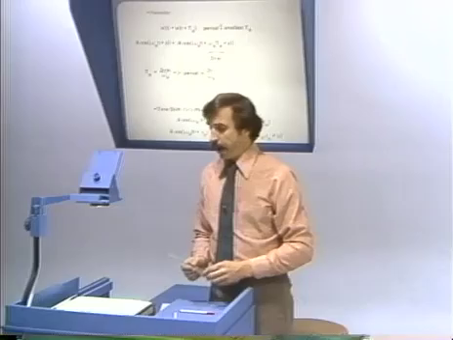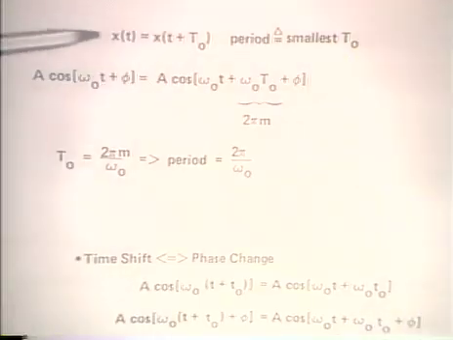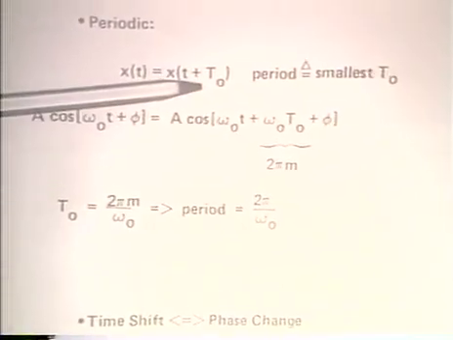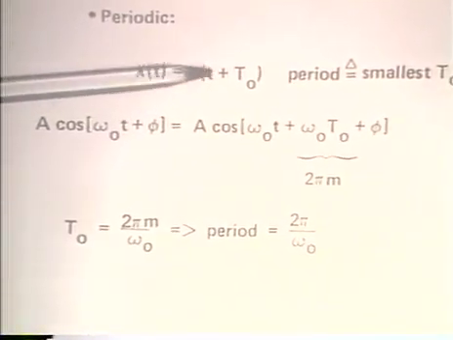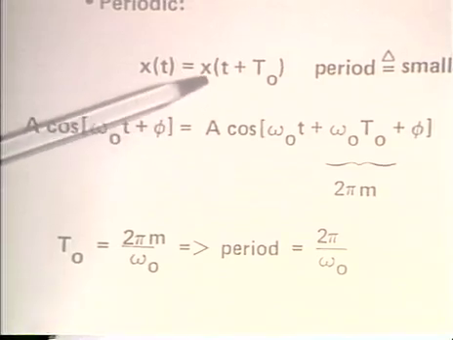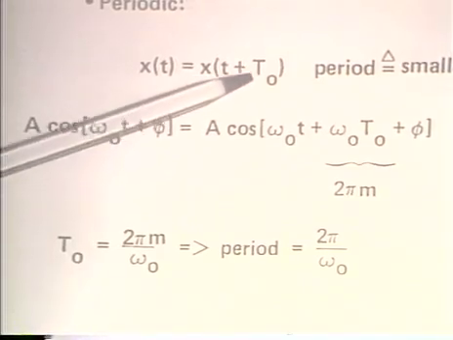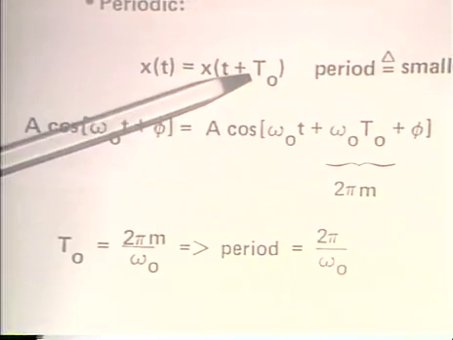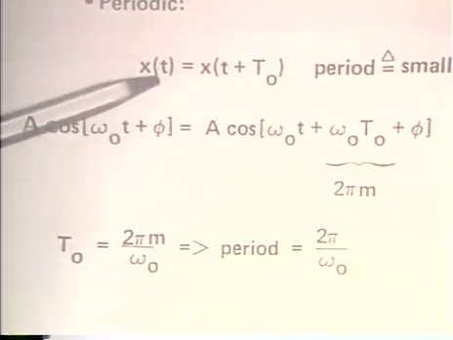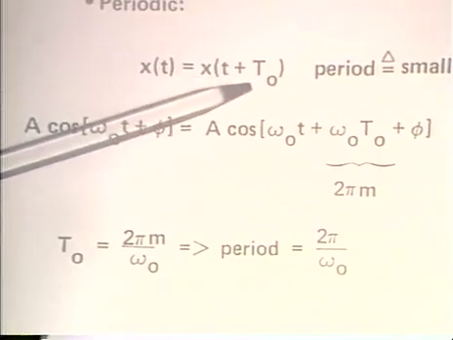What I mean by periodic is that under an appropriate time shift, which I indicate here as T0, the signal replicates or repeats itself, or said another way, if we shift the time origin by an appropriate amount T0, the smallest value of T0 being referred to as the period, then x of t is equal to itself shifted.